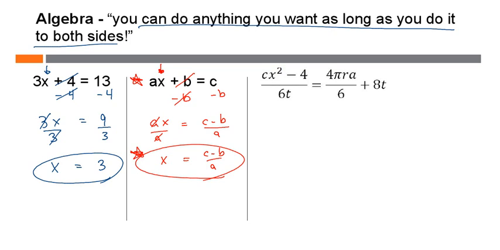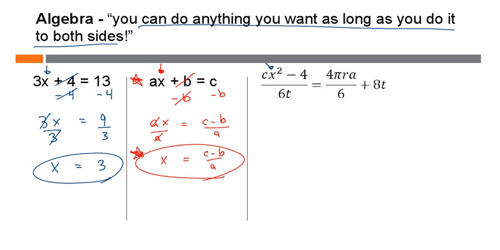Over here is a little bit more convoluted problem. We'll work through this one and see what we want to do, but it's the same process. If I want to get that x by itself, then I need to move the c, move the minus 4, and move that divided by 6t. In this case, I would multiply both sides by 6t.